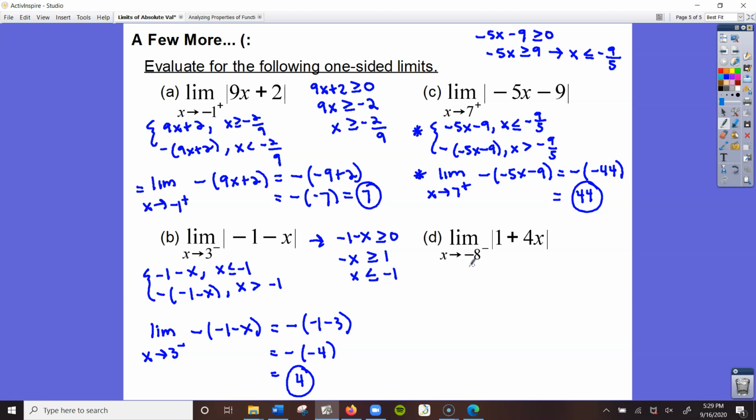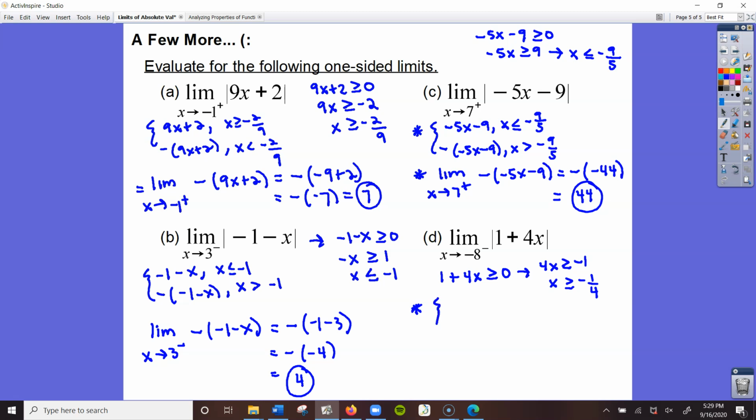Last one here, we're going to go ahead and take that absolute value function and create my piecewise. Remember, we take the inside, we make it greater than or equal to 0. If I subtract the 1 from both sides, I get 4x is greater than or equal to negative 1. And then divide by 4, we get x is greater than or equal to negative 1 over 4.